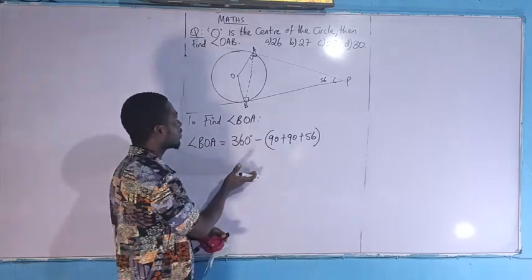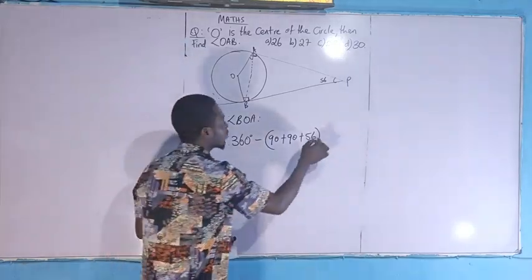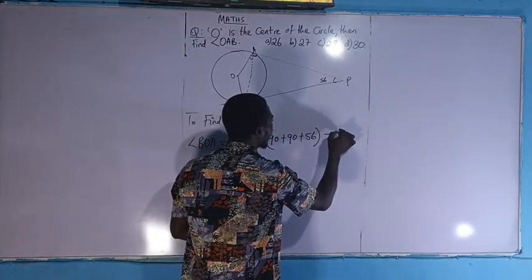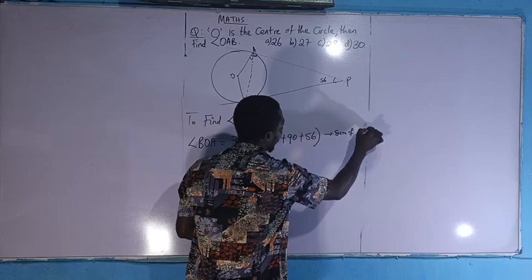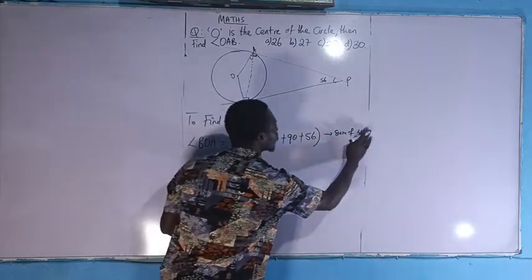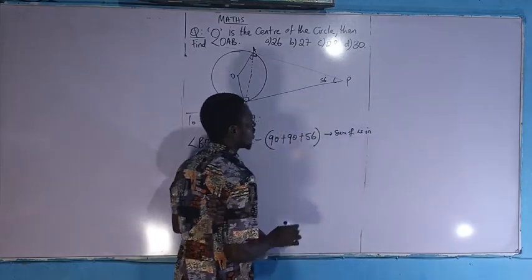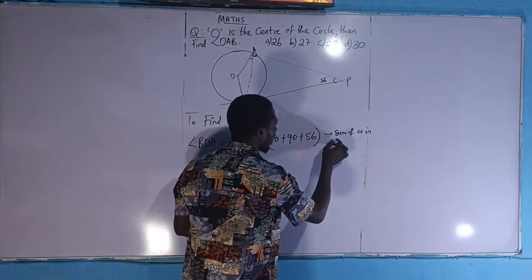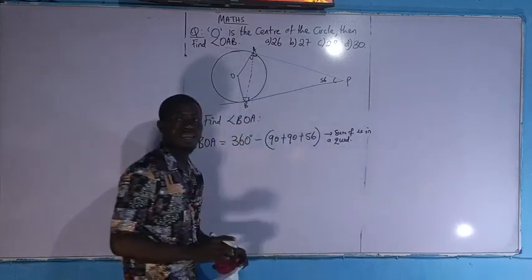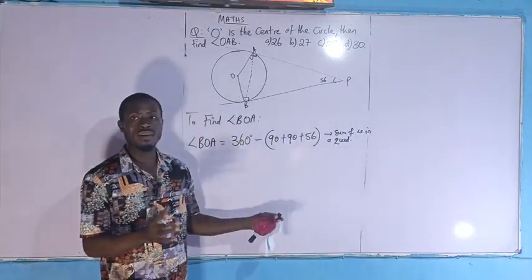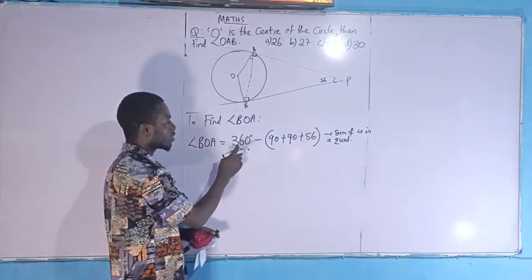The reason for this is the sum of angles in a quadrilateral. Sum of angles in a quadrilateral is equal to 360 degrees.